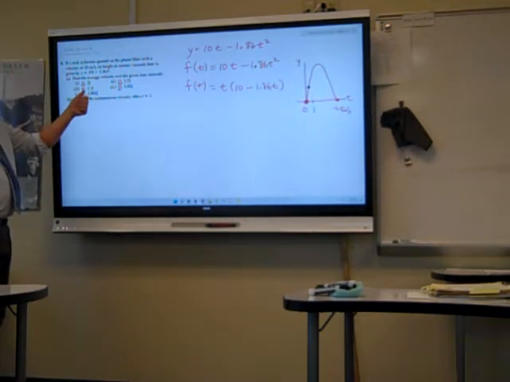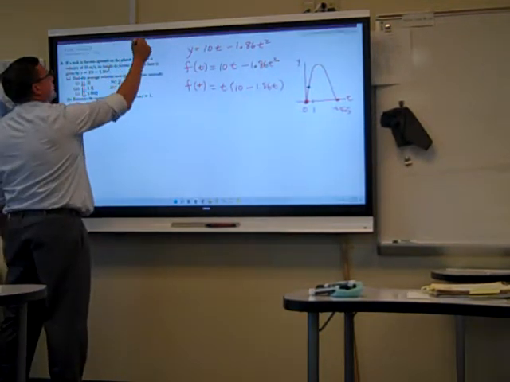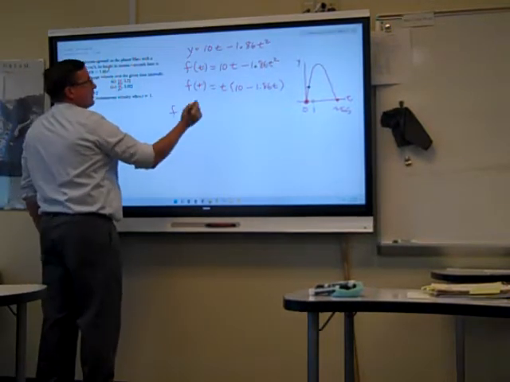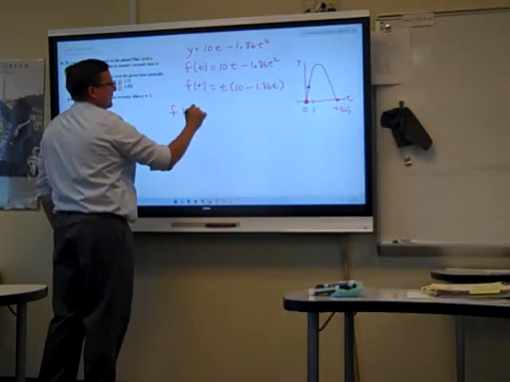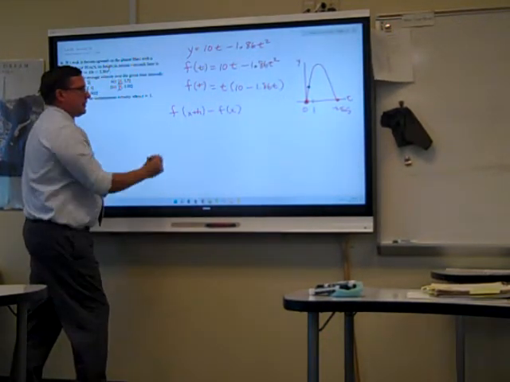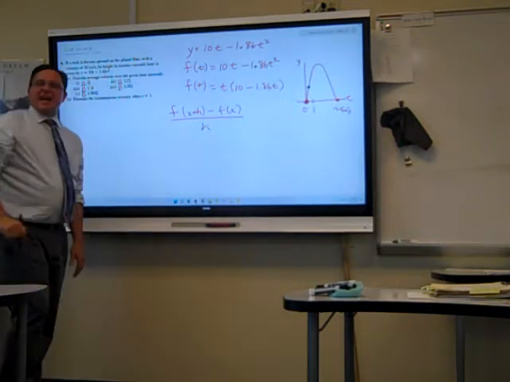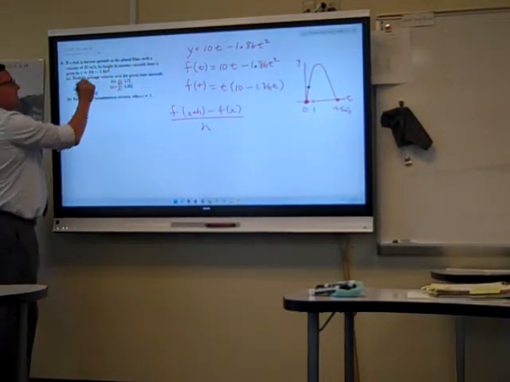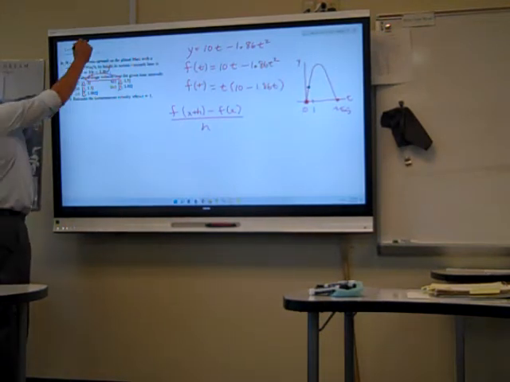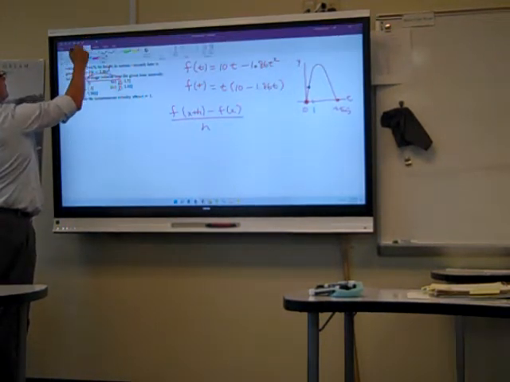I want to plug in these values, so I'm going to go back and do this. I'm going to do f of, I'm going to call it x plus h. You could say t plus h. Does everybody agree? This gives the average rate of change. This is asking for the average velocity. And once we set it up, we can get it down to one function.